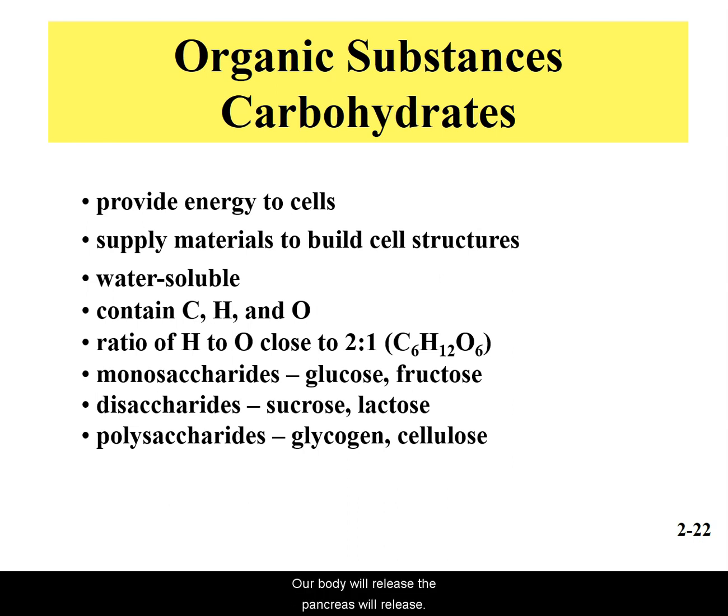The pancreas will release insulin, and that insulin helps us to utilize that glucose. And glucose that's not utilized is changed to glycogen, which takes those glucose molecules and bundles them up into a polysaccharide and stores it in the muscles and the brain.